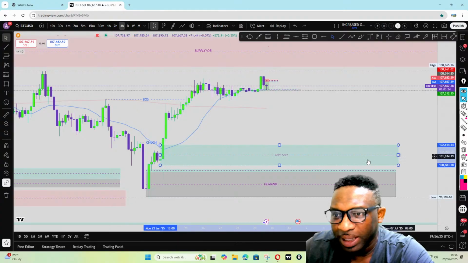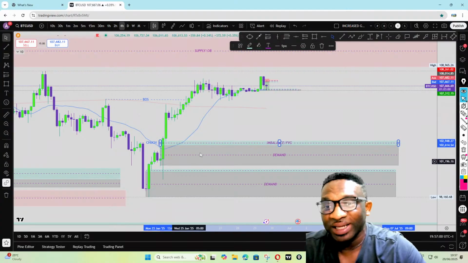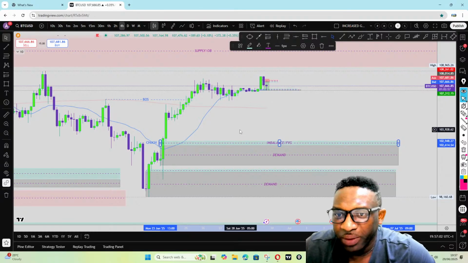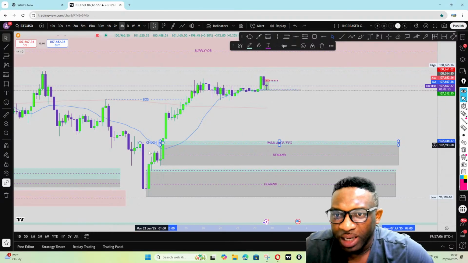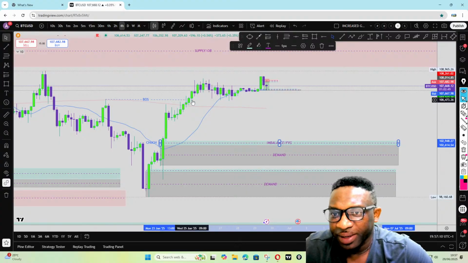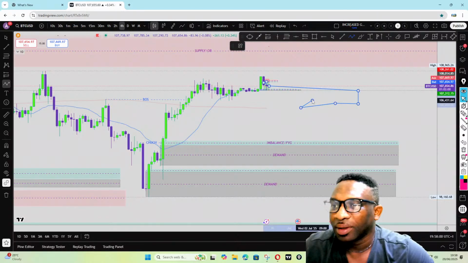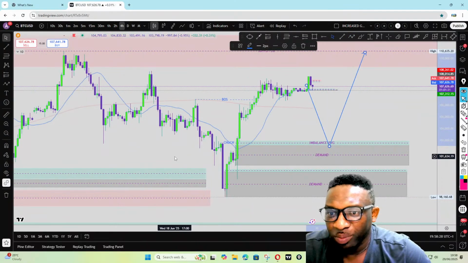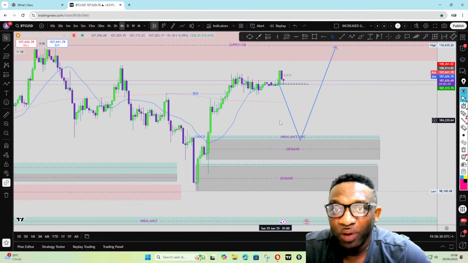Let's put this as the origin to validate our area of interest. From this point on, we had this break of structure here, sorry guys, to its upward move. So that is what we have on the 4 hour.